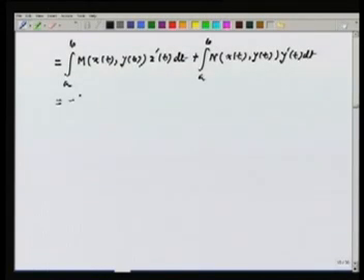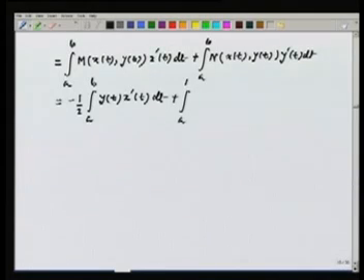So it is minus half the integral from a to b of y(t) times x'(t) dt plus the integral from a to b of N(x(t), y(t)), which is half x(t), times y'(t) dt. Which can now be written as half the integral from a to b.